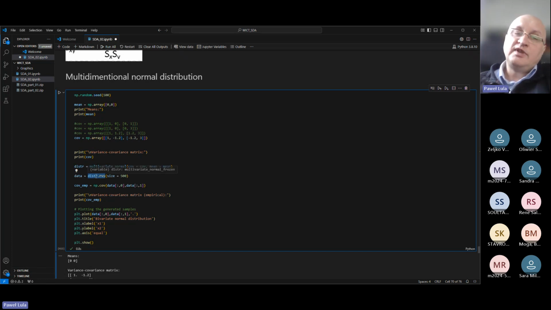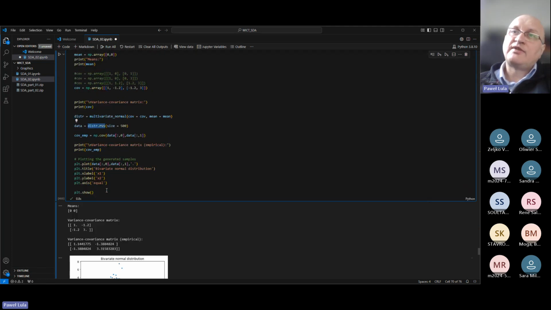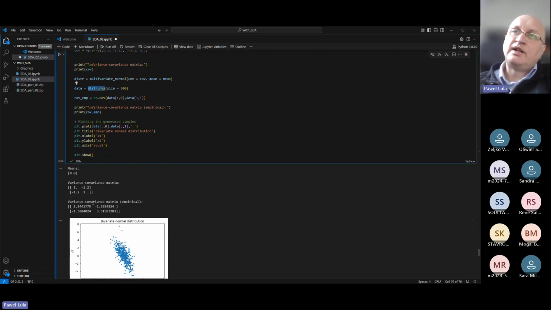Here, for these generated values, I calculated the variance-covariance matrix, and we can compare values which I used defining this generator and values which I obtained using this generated data. These matrices are similar, but not the same, of course.